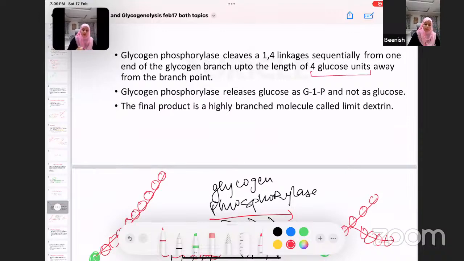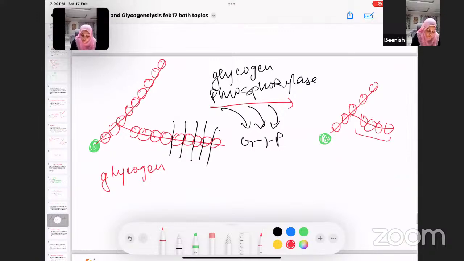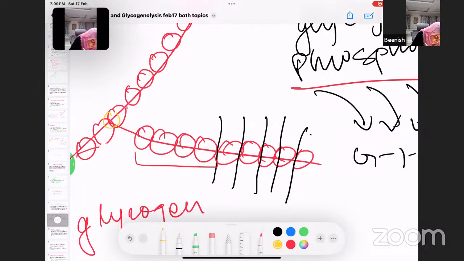4 glucose residues away. Okay, so your glycogen phosphorylase will work only 4 glucose residues away from the branch point. You see, this was the branch point here. So it is cleaving glucose 1 phosphate residues from the end until 4 glucose units away from the branch point.